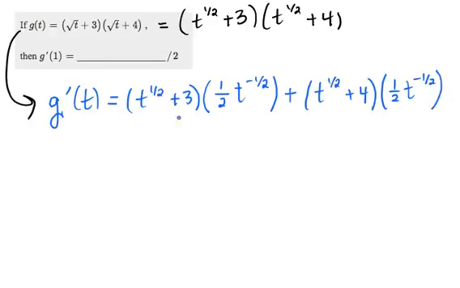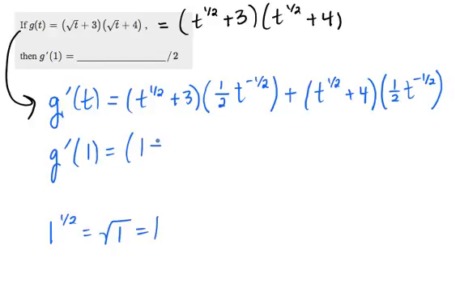You could expand and simplify this if you want, but I'm just going to go ahead and plug in 1. So 1 to the 1/2 means square root of 1, which is 1. Right here we'll have 1 to the 1/2, which is 1, plus 3, times, plugging in 1 here, 1 to the negative 1/2 means 1 over 1 to the positive 1/2, which is 1 over 1, or 1 as well.